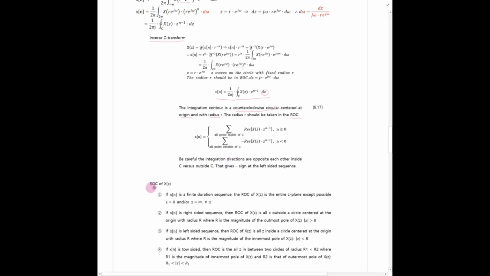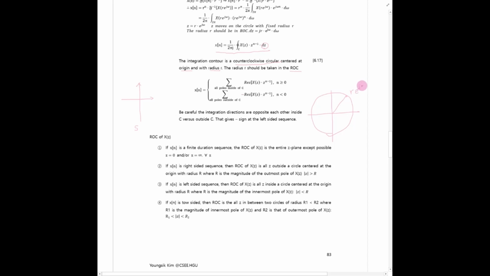And what is the region of convergence of X(z)? If x[n] is a finite duration case, then the region of convergence is the whole z plane. If x[n] is a right-sided signal, then the region of convergence is all z outside of the circle centered at the origin. It means that in the Laplace transform, the S domain is this one, and in the z domain, the radius is this r, and this point is expressed by r times e to the j omega.